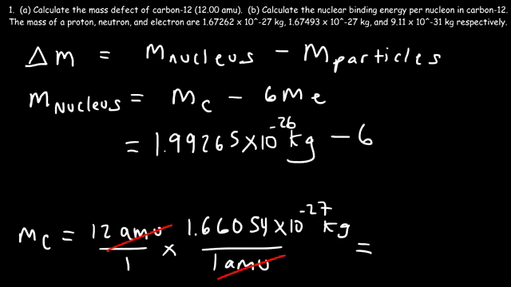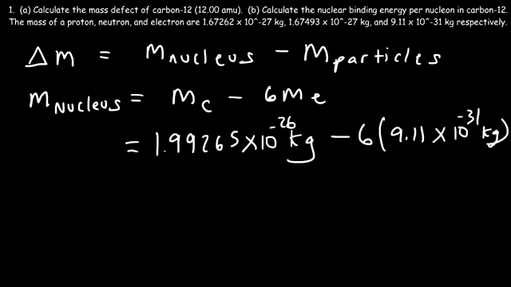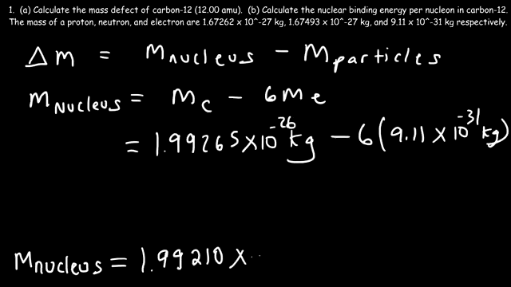And then minus 6 times the mass of the electron, which in kilograms is 9.11 times 10 to the negative 31 kilograms. Alright, so let's go ahead and plug this in. So the mass of the carbon nucleus is 1.99210 times 10 to the negative 26 kilograms.